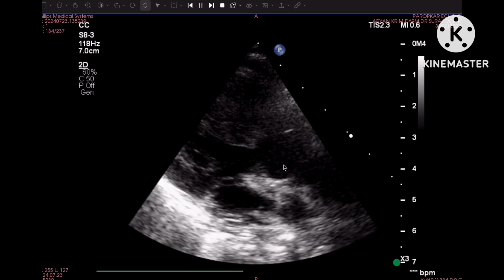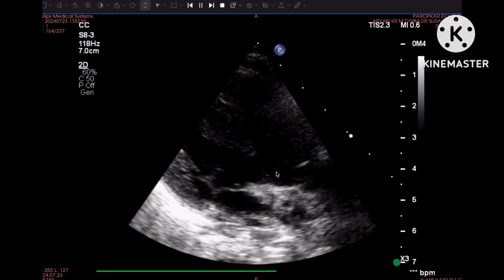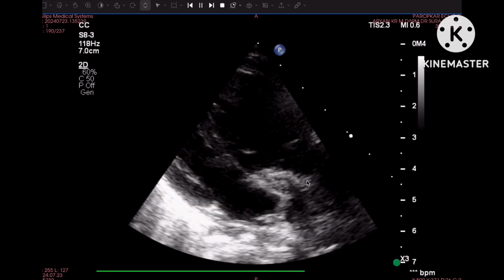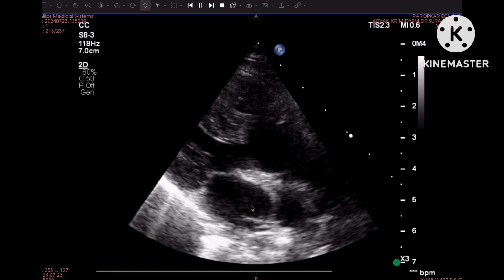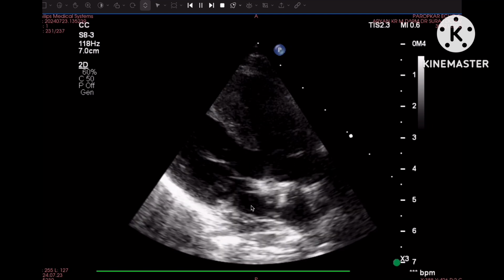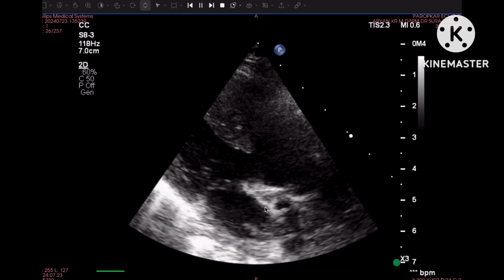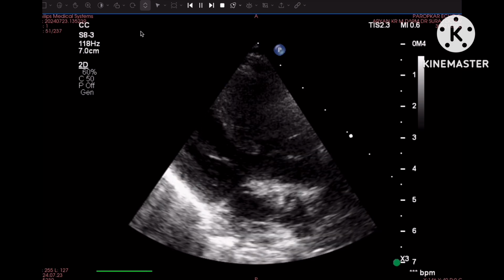So ultimately this case comes under D-transposition of great arteries because there is AV concordance and only VA discordance. When you find AV discordance and VA discordance, both discordance, that will be corrected transposition, that is L-transposition. This case has D-transposition of great arteries.